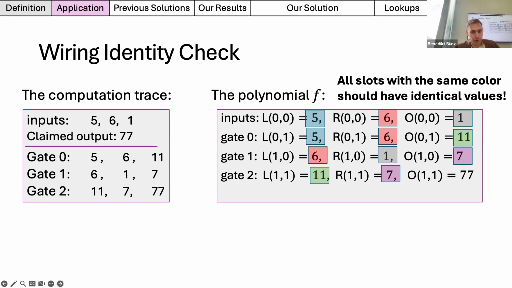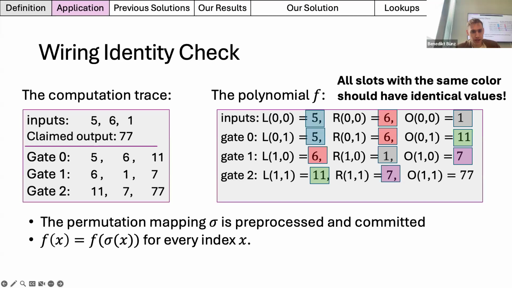So for example, 0,0, 0,1, 1,0 is going to form a cycle. And then a permutation is just a list of cycles, and giving a list of cycles uniquely defines it. So the permutation is going to be a mapping that is preprocessed and committed such that f of x is equal to f of sigma of x.